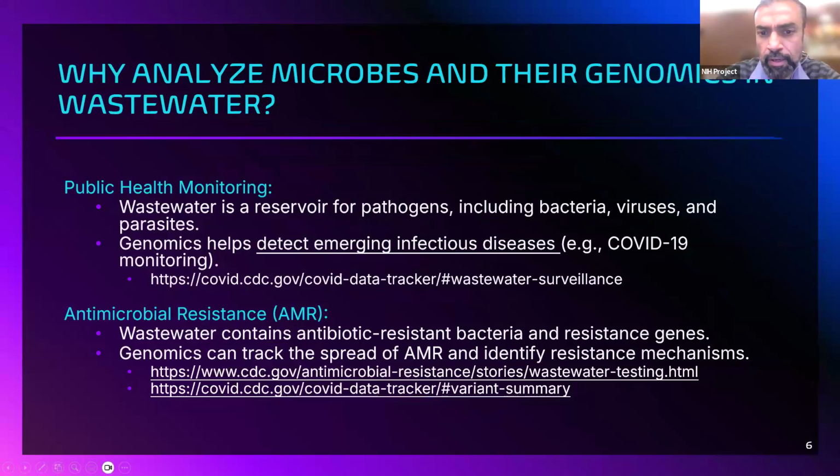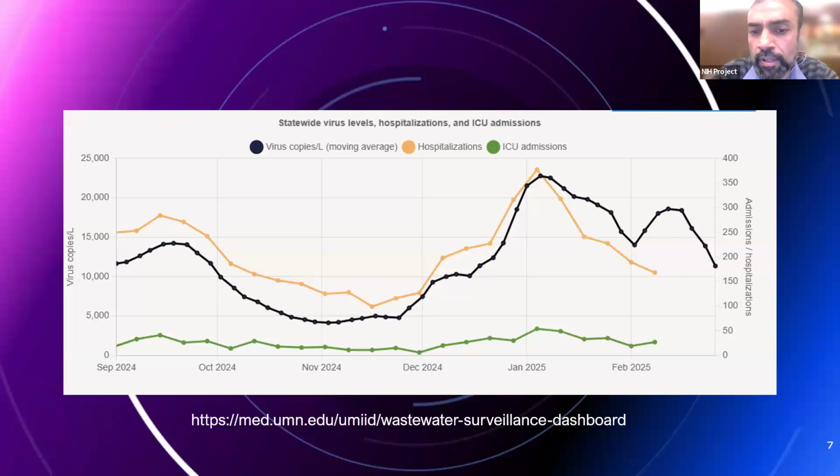So I have included one of the graphs, and luckily that kind of graph is also presented by Dr. Paul in his slides. Here you can see the viral copies against time, and the titer of the copies being recorded by the universities and the CDC over the period from September 2024 to February 2025.